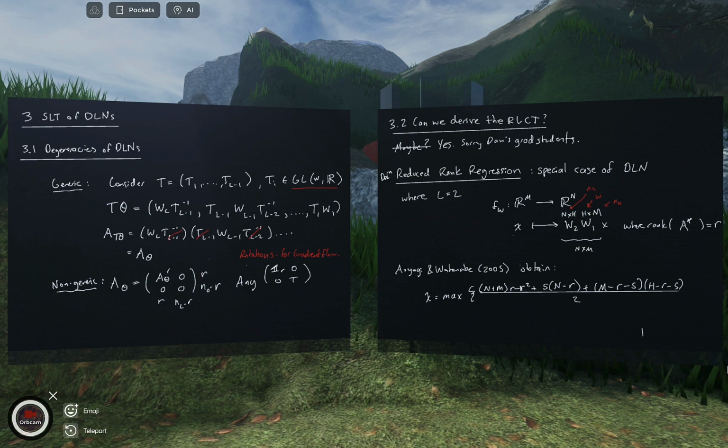Over 2, where zero is less than or equal to s, is less than or equal to minimum of M plus r, H plus r. Okay, so we have a formula for lambda in this case.